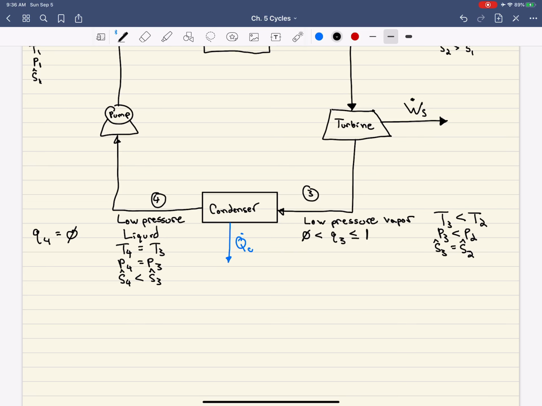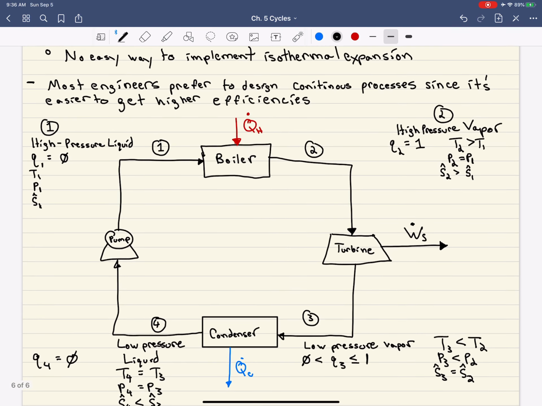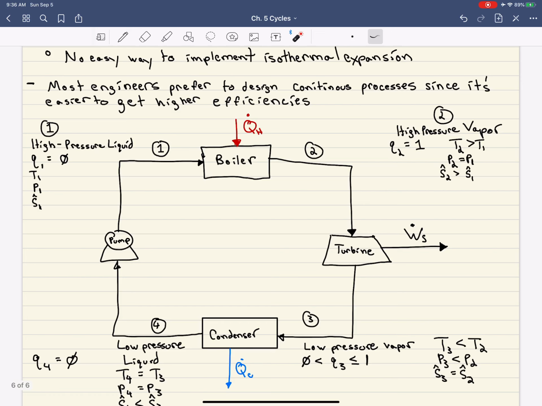Okay? And then in the final step, this liquid, this low pressure liquid, is then fed into a pump, where this pump basically applies work onto the liquid to bring it back up to the high initial pressure. Okay? And so the temperature of stream 4, as the liquid goes through the pump, slightly increases.